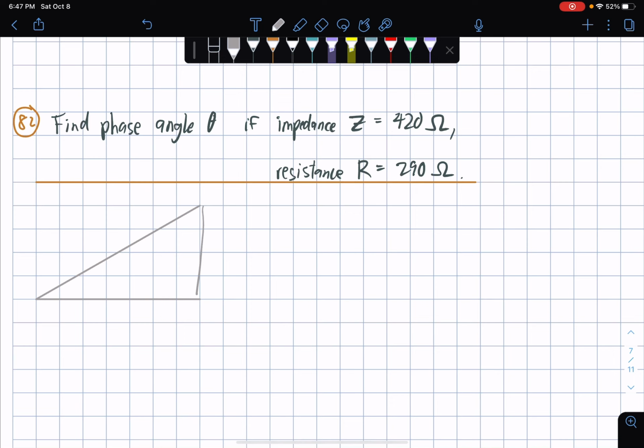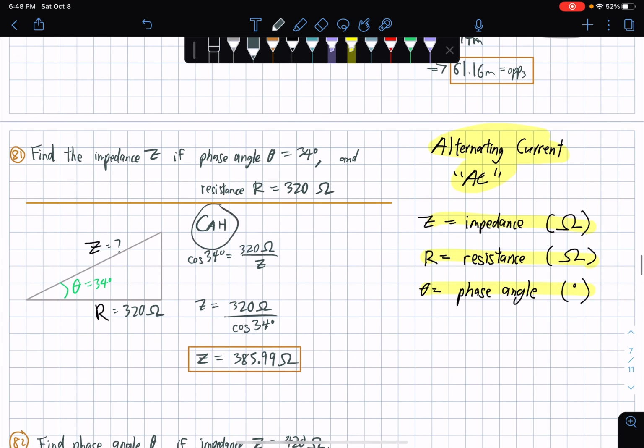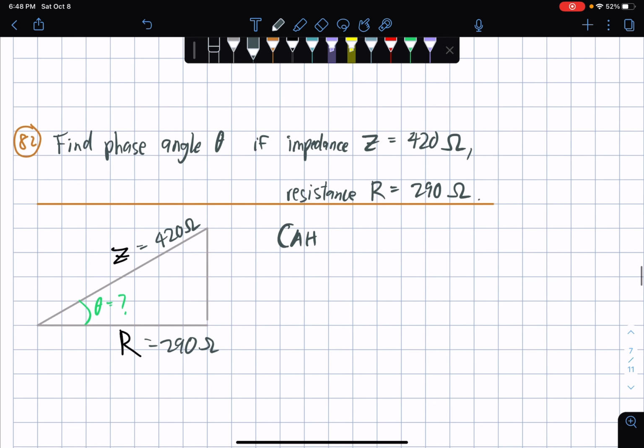Hypotenuse, as stated earlier, will always be the impedance, and the resistance will always be the adjacent. Phase angle is missing, and for the impedance, it's 420 ohms, and the resistance is 290 ohms. We still use the same CAH from SOHCAHTOA, but this time what we're looking for is theta. So just label them as usual, adjacent over hypotenuse.